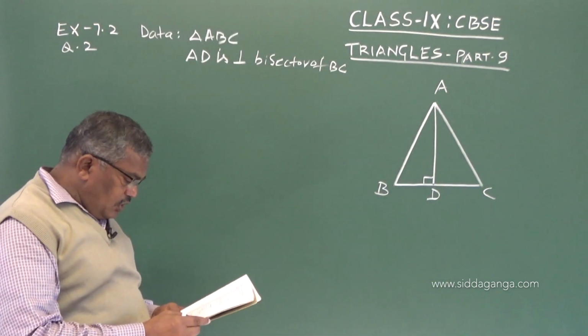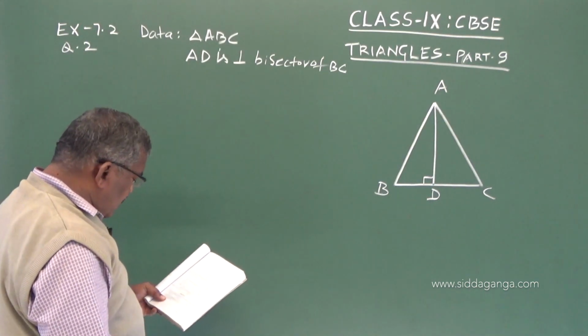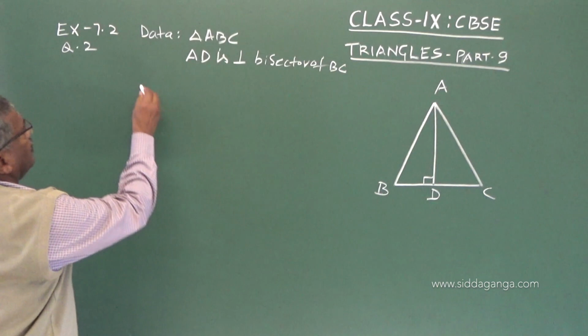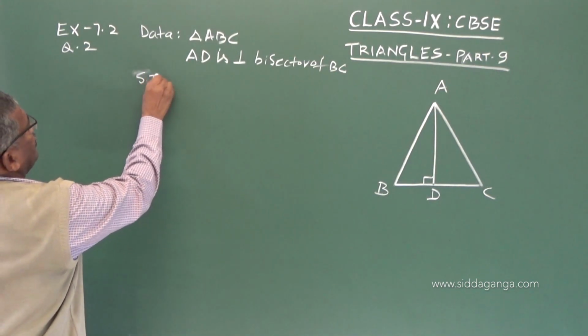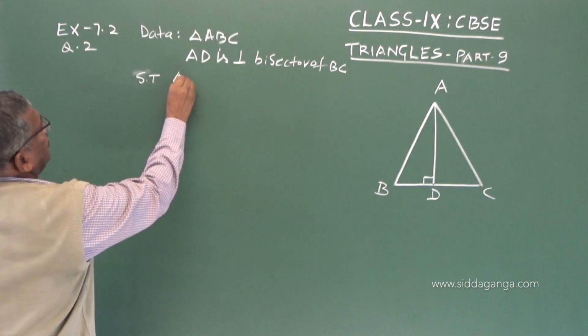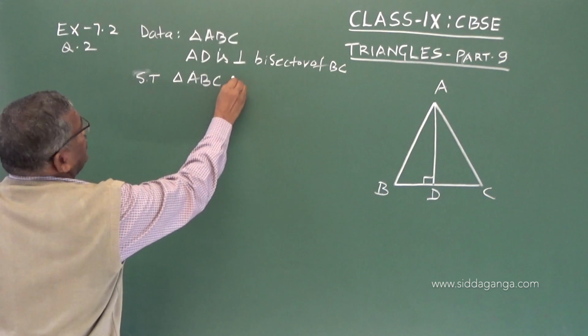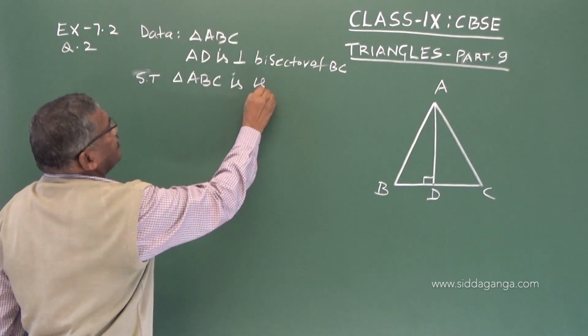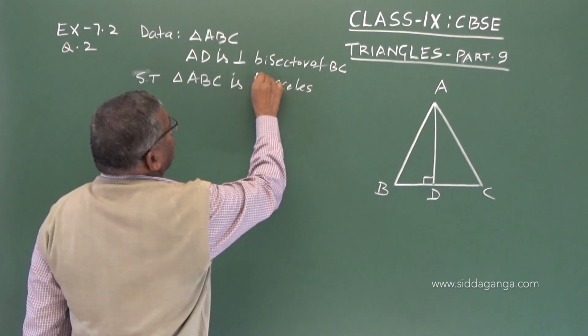Now the question is, show that triangle ABC is an isosceles triangle.